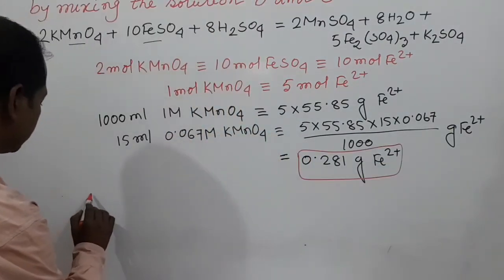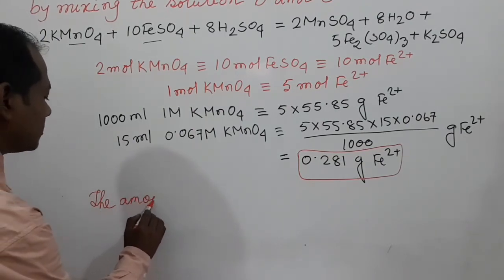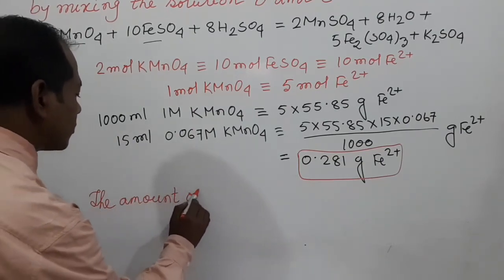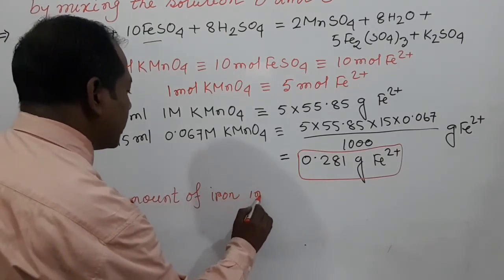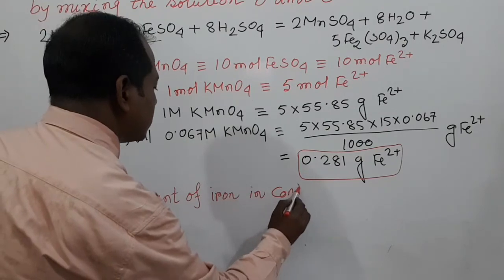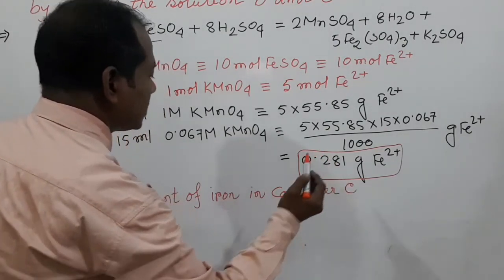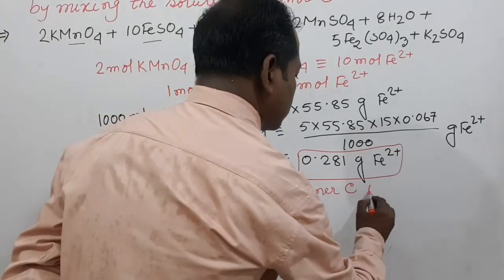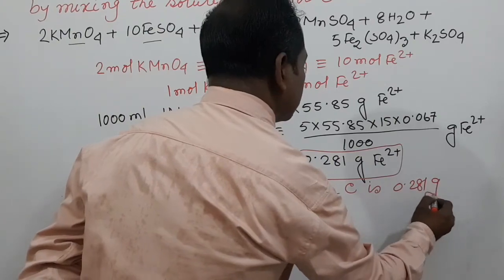That means the amount of iron in container C is 0.281 gram.